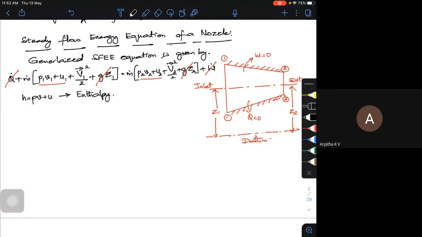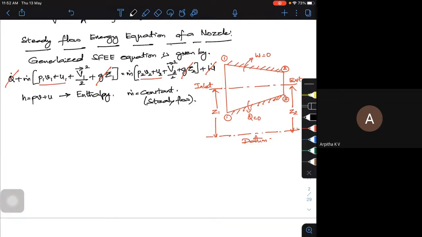Now this being a steady flow condition, the mass flow rate remains constant. So m dot remains constant throughout the nozzle because it's a steady flow. Now I'm going to replace P1 V1 plus U1 by H1 and P2 V2 plus U2 by H2 and rewrite the equation.